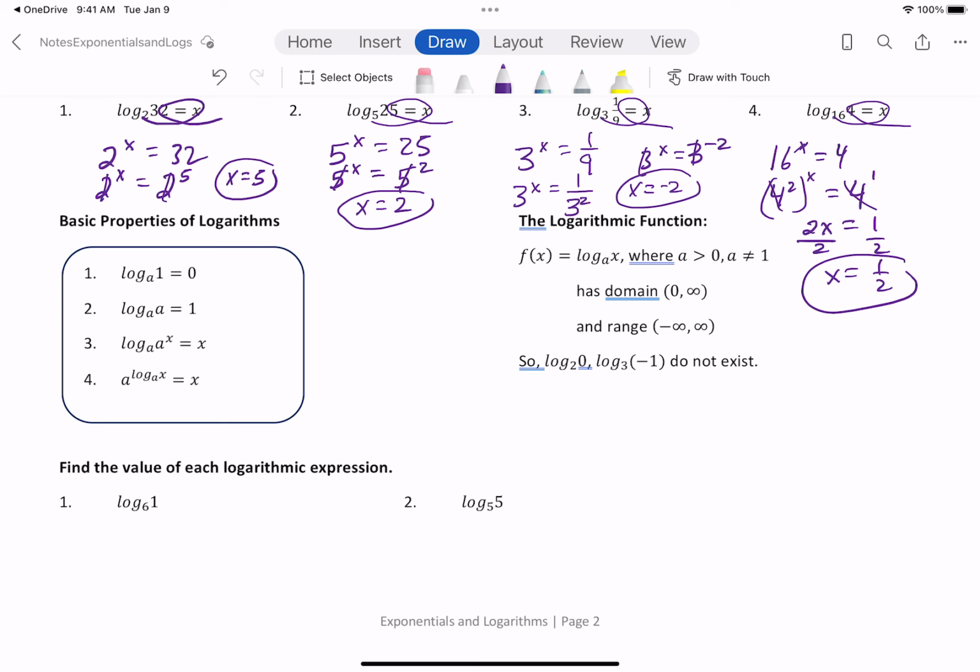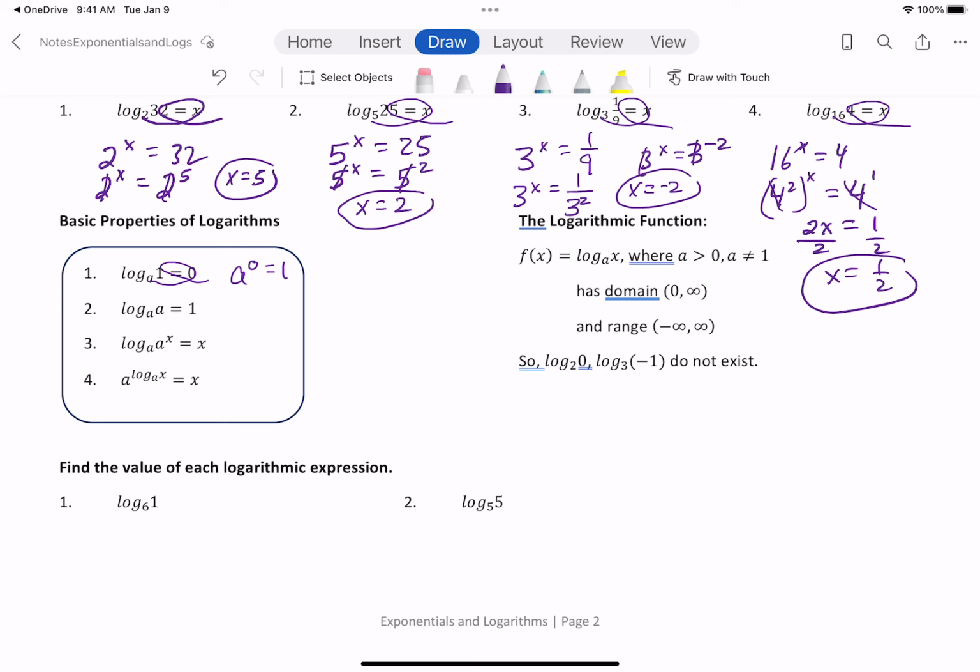Alright, we also have a couple of properties of logarithms that we're going to look at that will help us simplify a couple of different situations. The first one says log base a of 1 equals 0. So if you think about rewriting this one, it would be a to the 0 equals 1.